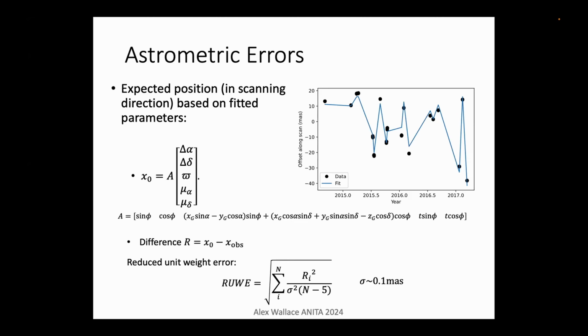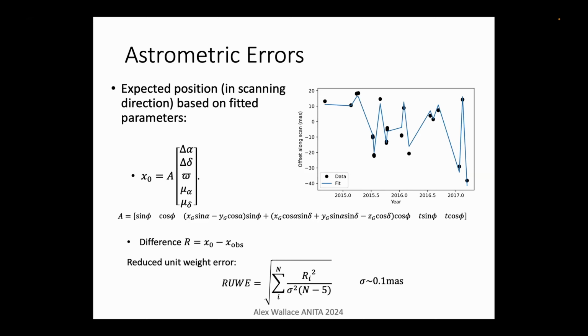So this basically tells us how significant these differences are relative to the errors. And if we had a proper distribution of single stars, this RUWE value would average about 1. If it's anything more than 1, the general rule of thumb is about 1.4, it's generally a clue that something weird is going on.